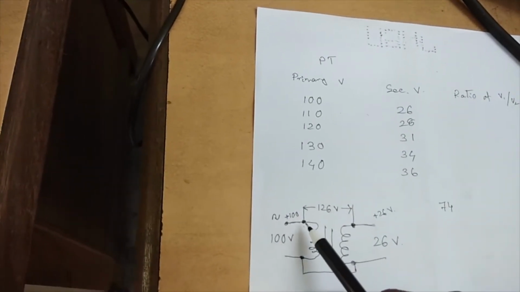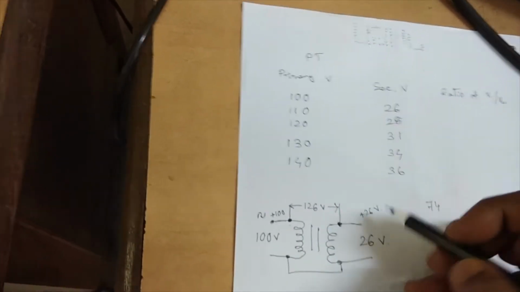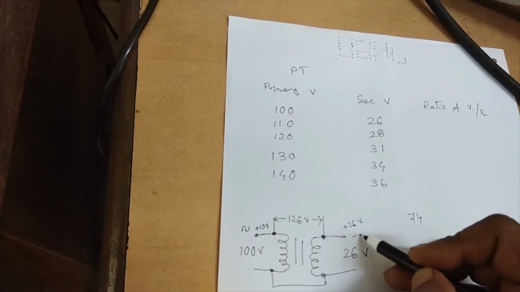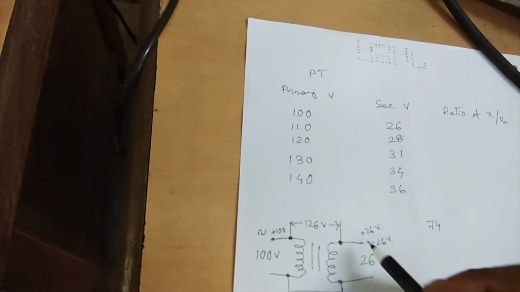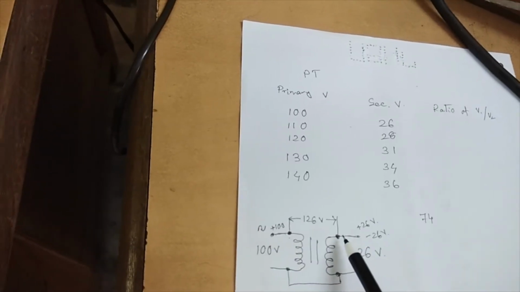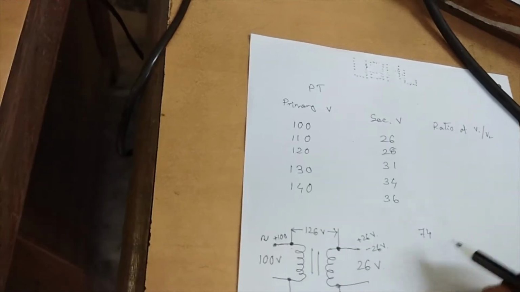If the polarity is additive, then that means this point's voltage is minus 26 volt. Then that will be 126 volt potential difference. So this PT is in additive polarity or reverse polarity, that means opposite polarity.